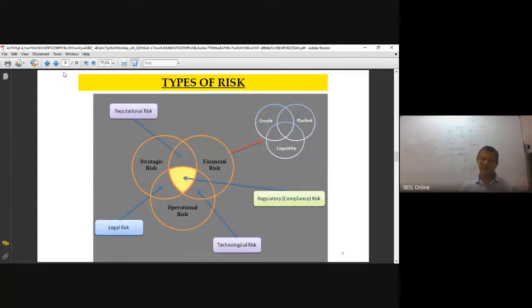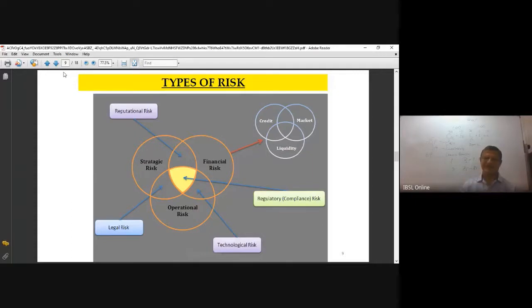If you don't follow the regulations, or if you disobey the compliance requirements of the regulatory body, you run the risk of regulatory risk, or we call it compliance risk. This is also another major area which we will deal with in a separate section.